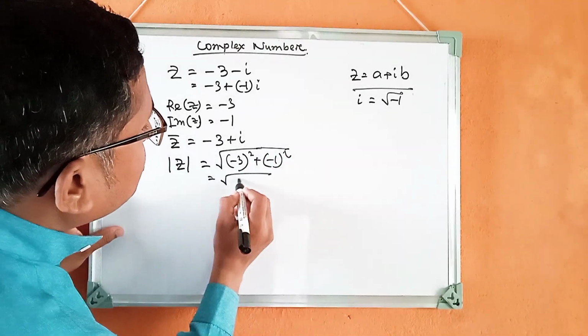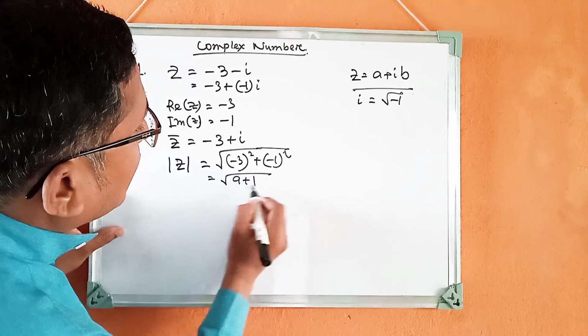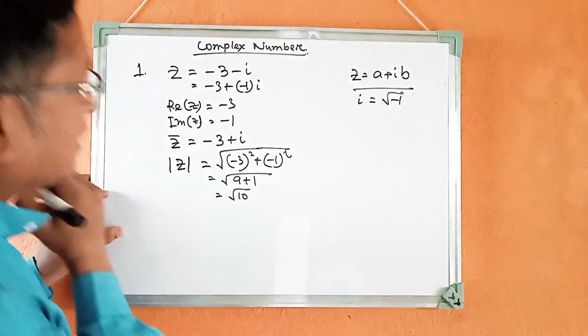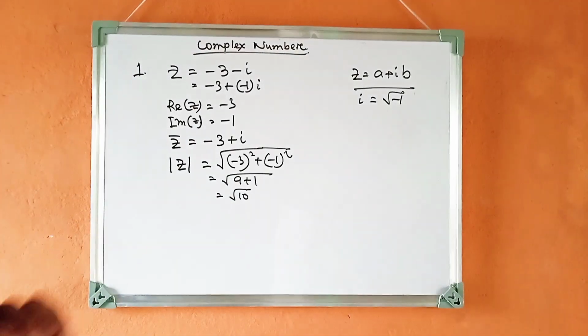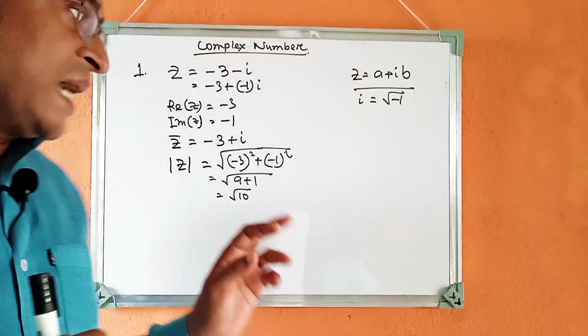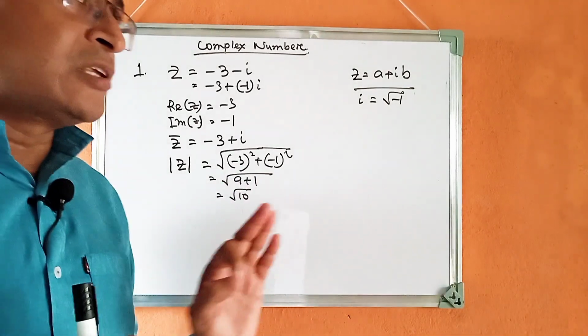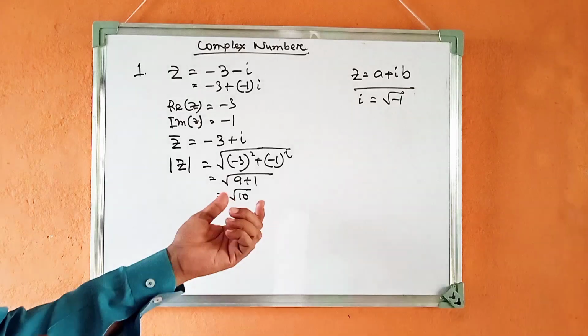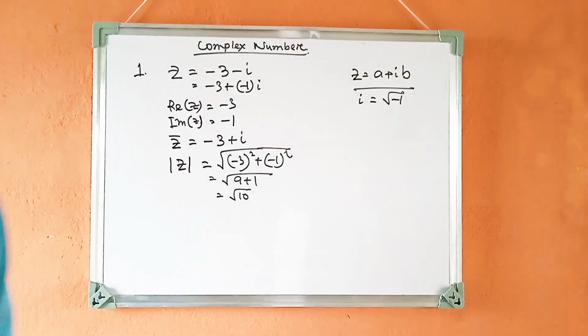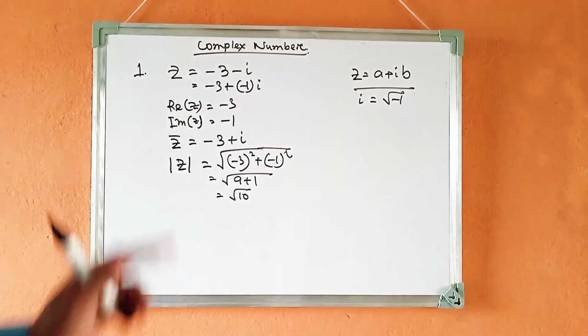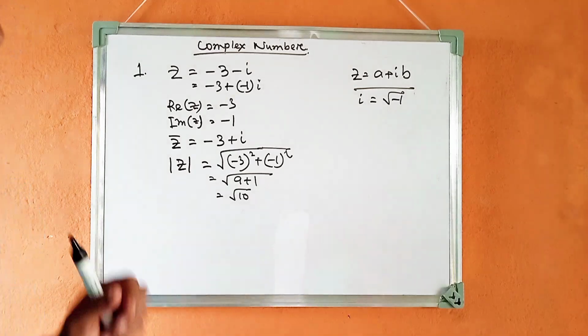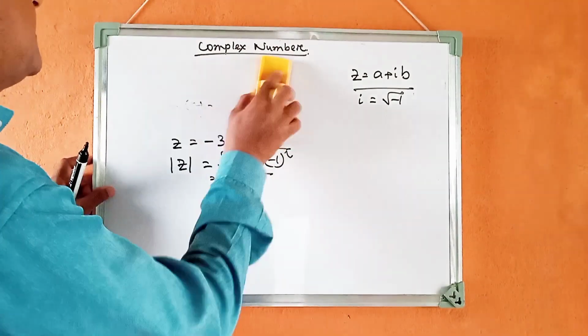So we get 3 whole square means 9 plus 1, so root over 10. That is the modulus of Z. Clear? And it must be positive because modulus of Z means distance. That is why we take the positive side. Clear? Now come to the second example.